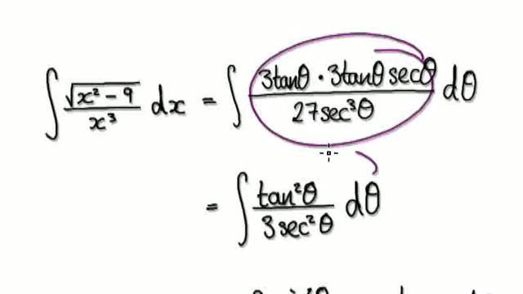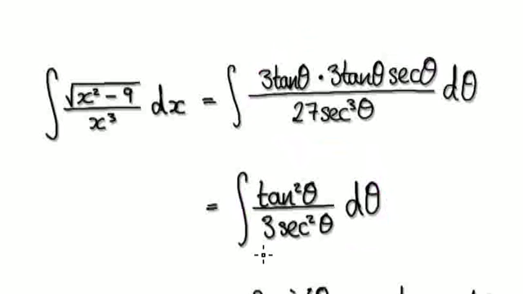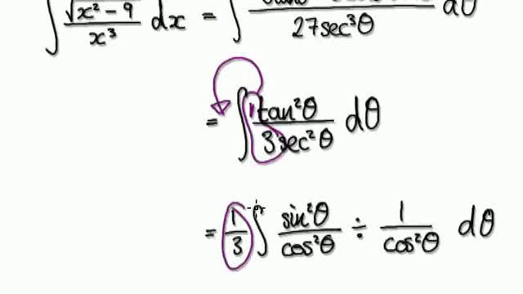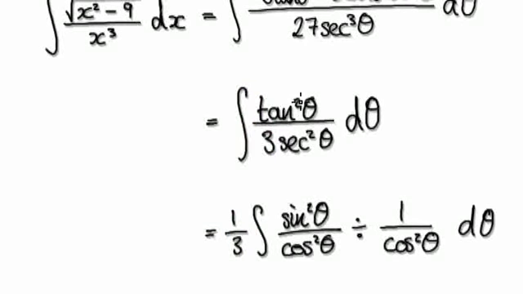This whole thing will then become this. Tidy it up. Factor out the third here, because it's a constant.